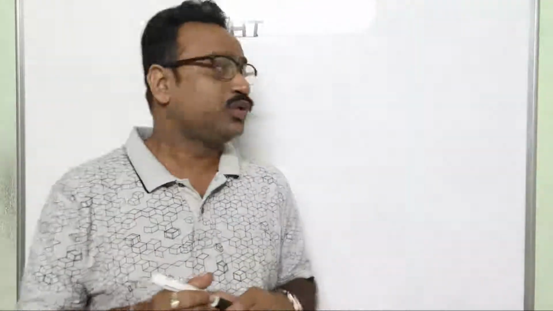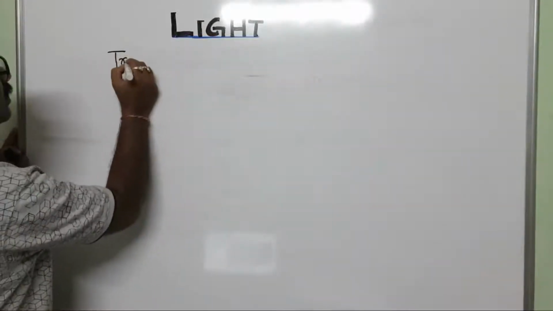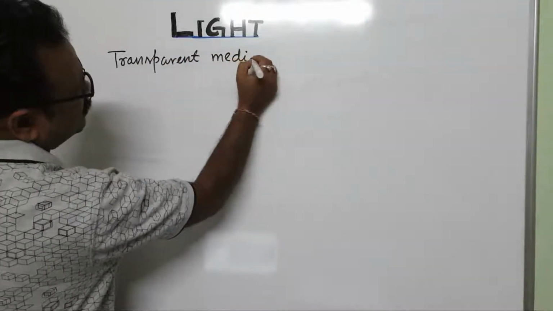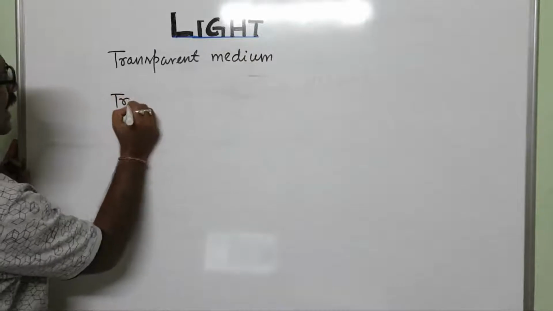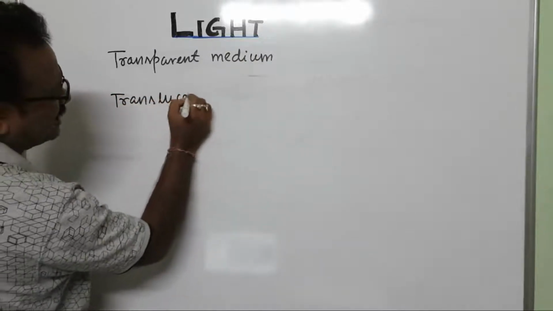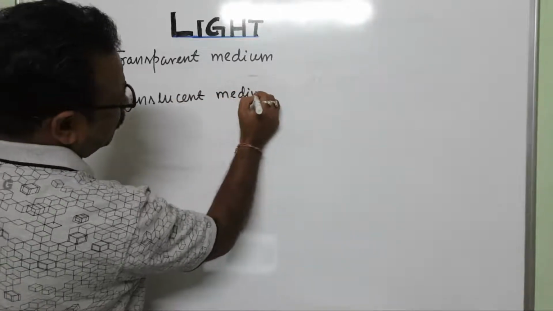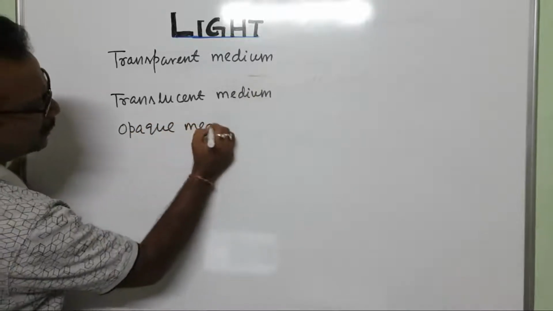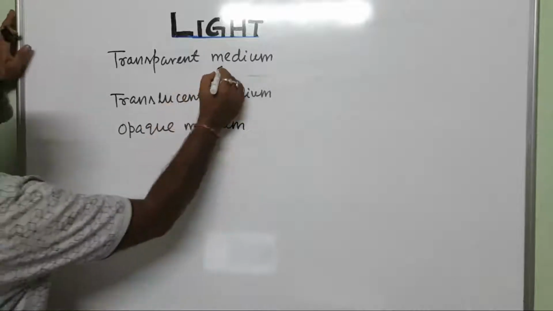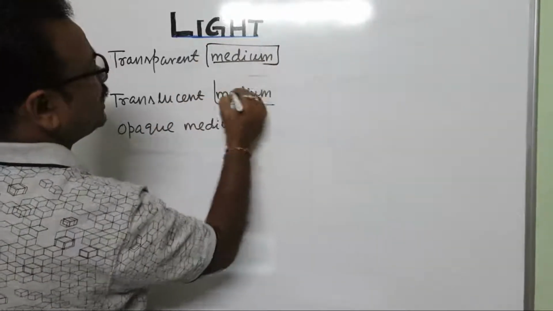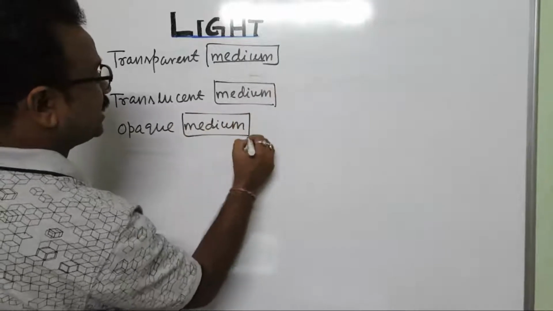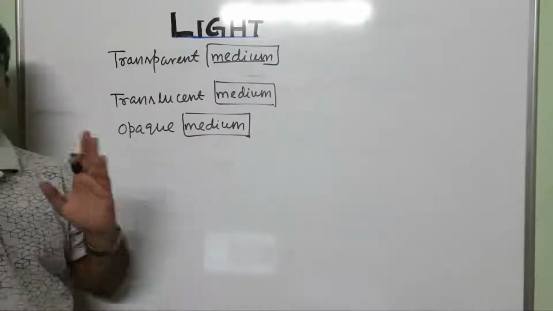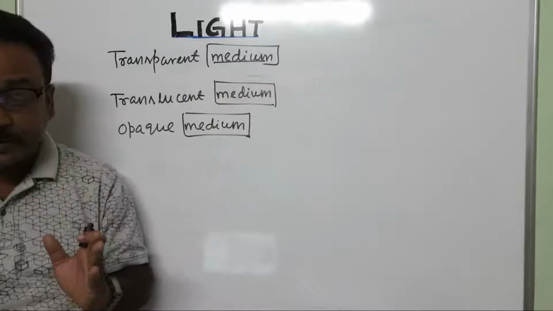We know it: transparent medium, translucent medium, and opaque medium. Instead of medium we can also say body: transparent body, translucent body, opaque body.